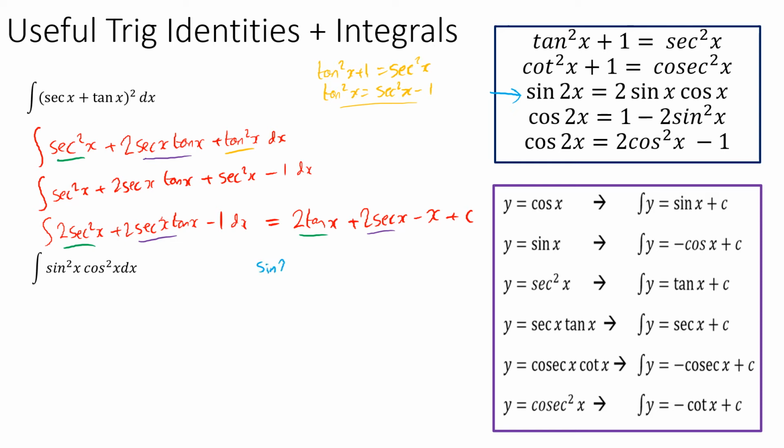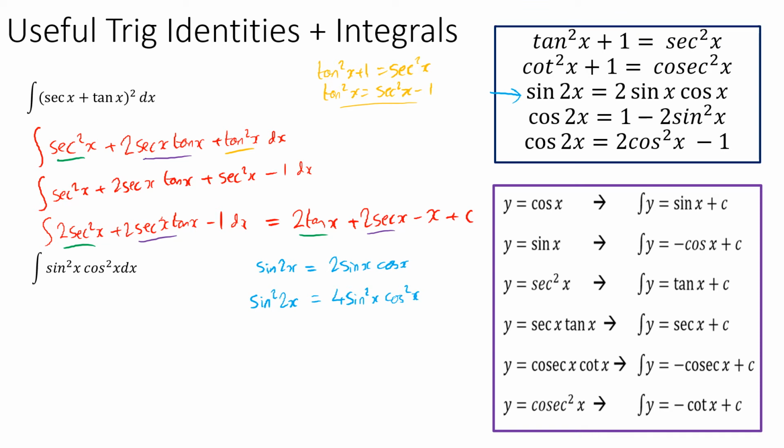Well, it's true to say that sine 2x is equal to 2 sine x cos x. What we're going to do is square both sides. So it's true to say that sine squared 2x is equal to 4, got to square the number, sine squared x cos squared x. Okay? What can we do with that?